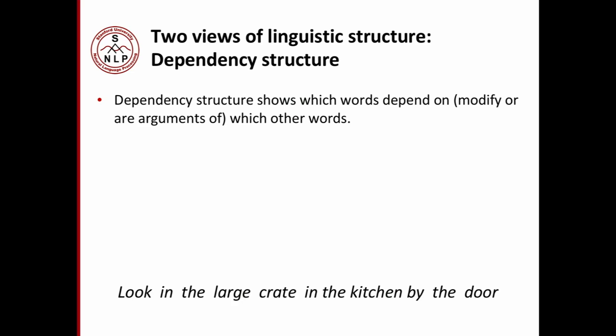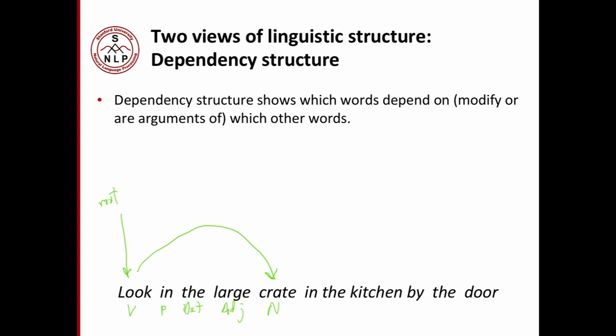So we have a sentence, look in the large crate in the kitchen by the door, and if we want to, we can give these words word classes, so we can still say this is a verb and this is a preposition and this is a determiner and this is an adjective and this is a noun. But to represent the structure, what we're going to say is, well, look here is the root of this whole sentence, so that's where things start. And then, well, where we're going to look is in the large crate, so that is a dependent of look.